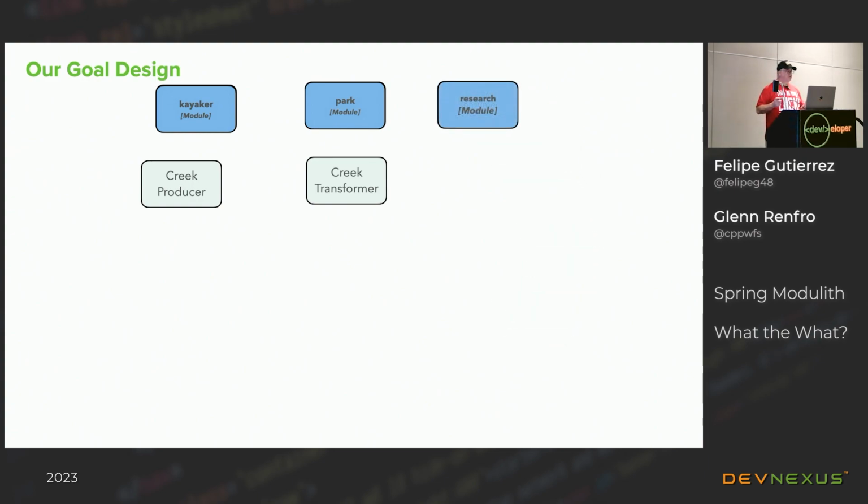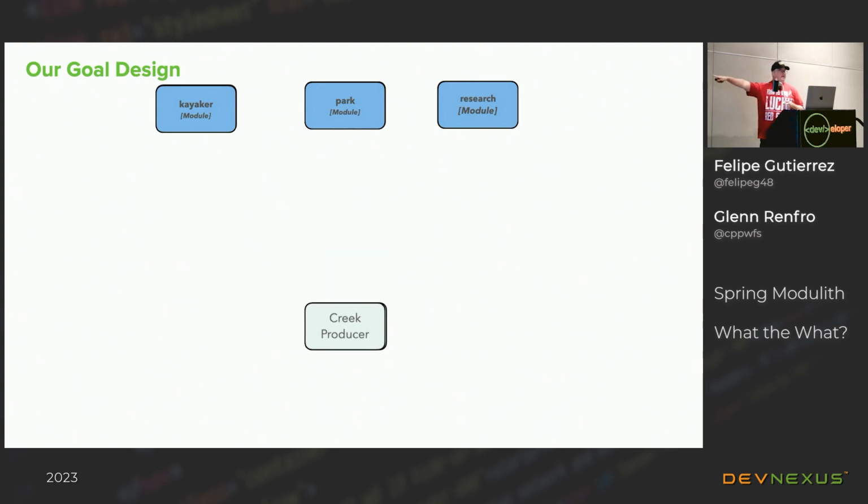The other 2 services we have here, the Creek Producer and Creek Transformer, have very strong knowledge of United States Geological Survey data. They know how to take that data and translate it into something useful for me to know whether it's good to go kayaking or not. In that case, I want to create a USGS module.